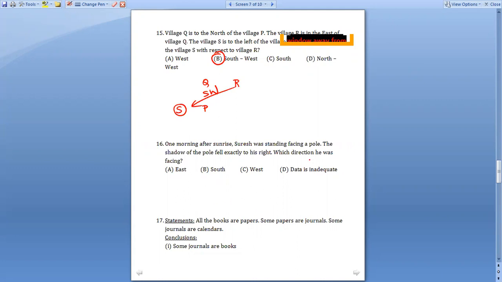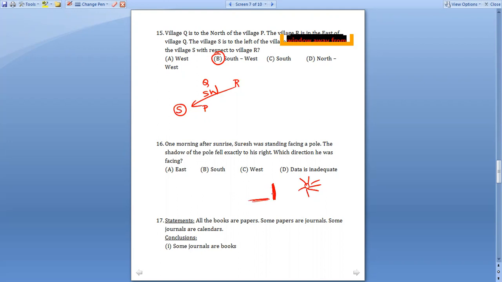So first let us position the sun. So in the morning, sun is towards the east. Okay, so this is the position of the sun. Now I'll locate the pole. Now the shadow of the pole is falling exactly to the right of Suresh.